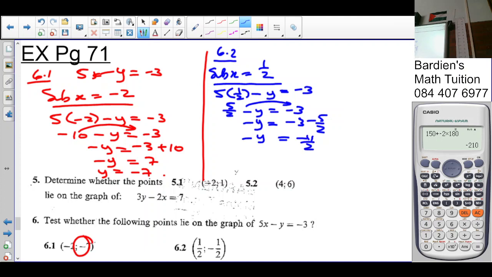Divide by negative 1 both sides, so y is equal to 11 over 2. Does it lie on the graph? No. Why? Because 11 over 2 is not the same as negative half. You all agree with that, people? So therefore that one doesn't lie on there.